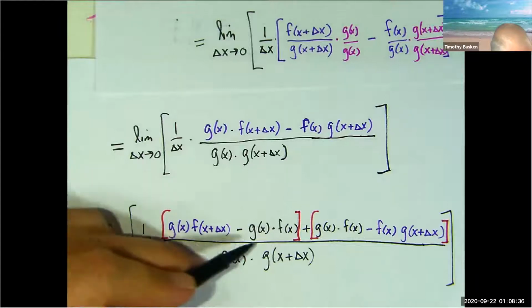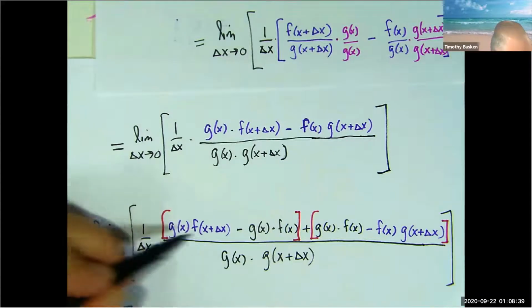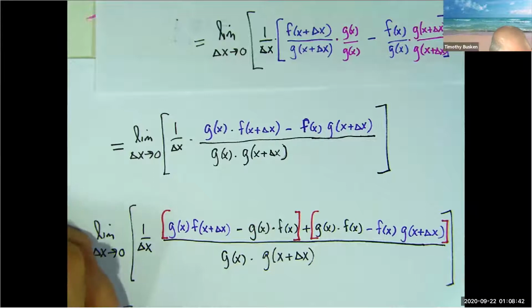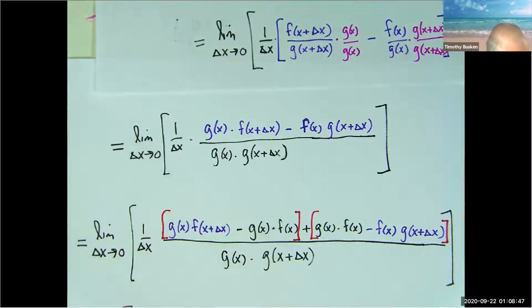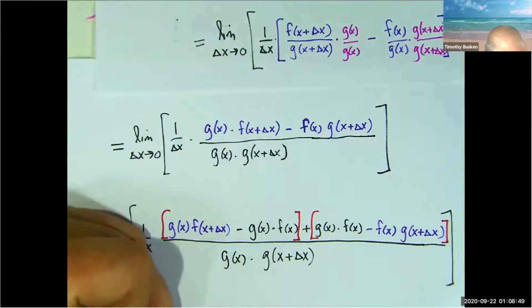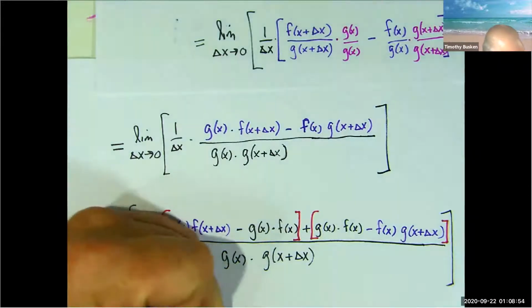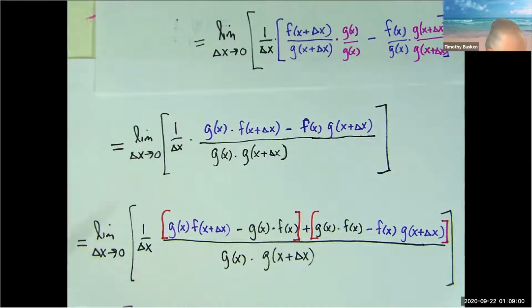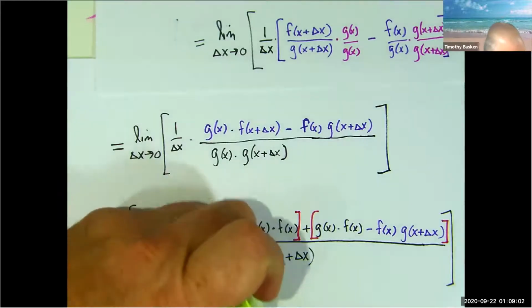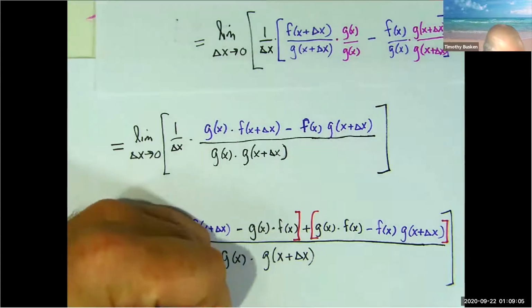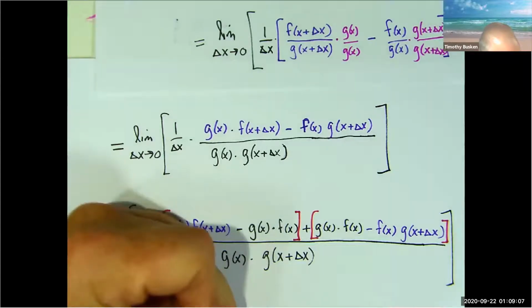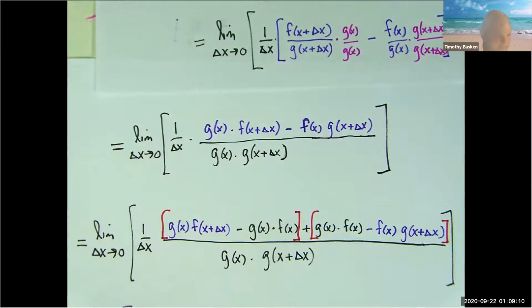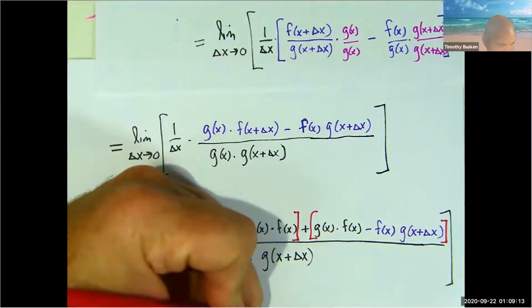So the g of x comes out of this first bracketed red expression. And so we'll have g of x being factored out. That's going to leave us with, of course, f of x plus delta x minus f of x. I'm sorry, f of x rather. And then this plus sign is here.